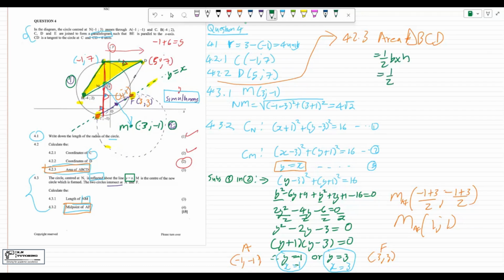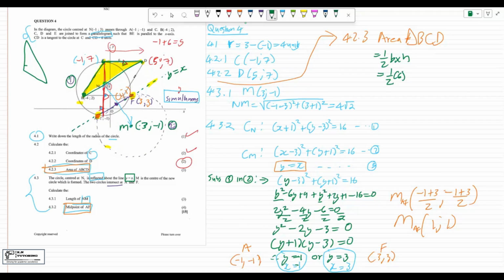What is the base in this case? Our base is going to be... but wait, I need a perpendicular height. Where is the perpendicular height? Okay, so my base is going to be line CD. CD was given to me as 6.